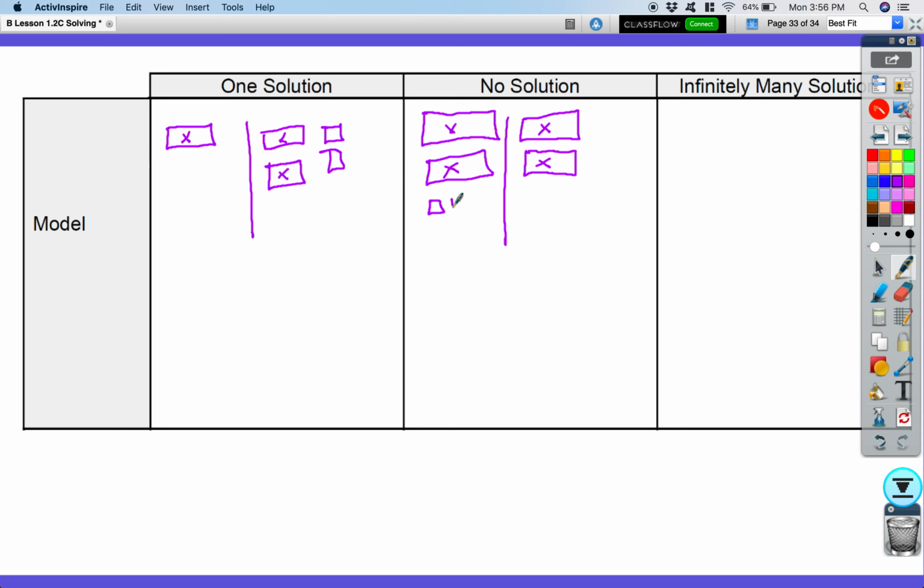So this would be like 1, 2, 3. This would be like just 1. It's that part, the same x values on both sides of the equation sign, different constants. And infinitely many solutions would be exactly the same. So 1x, the same exact equations. 1x, and then like 1, 2, 1, 2. So exactly the same on both sides.